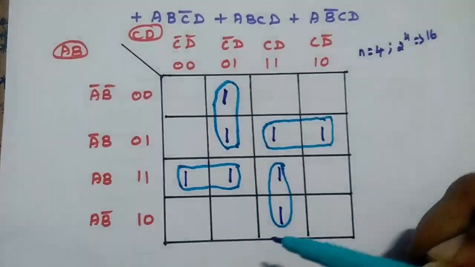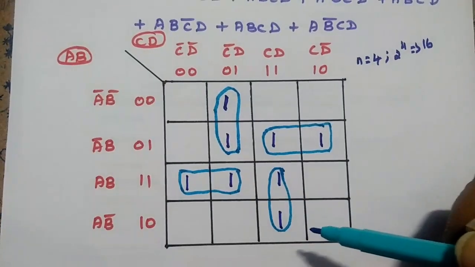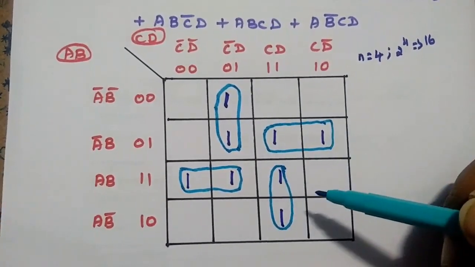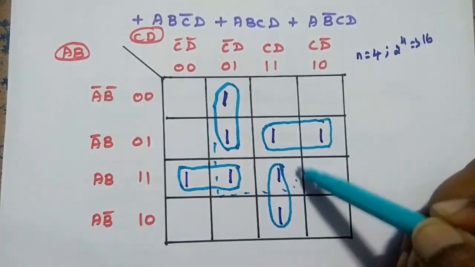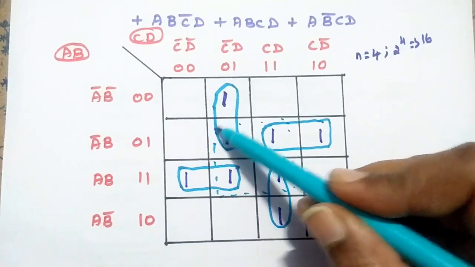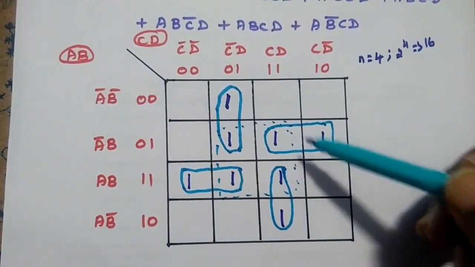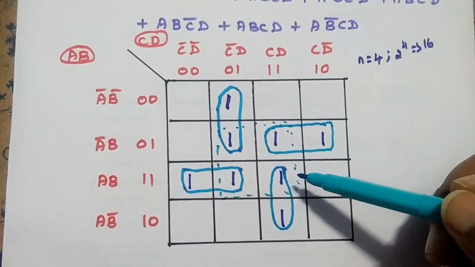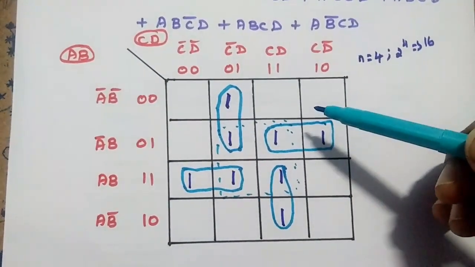So in this Boolean expression, there is no possibility of grouping octaves, that is 8 ones. But there is a possibility of grouping 4 ones here. That is quad. That quad is available over here. But there is no need to group these 4 ones, because the quad has already been grouped with some other groups.